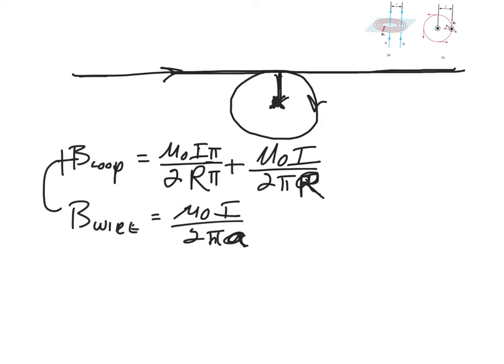I hope you know these algebra tricks. So now we have 2 pi r in the denominator, and we have mu naught I over pi r. But what's left is a 2 here, and there's a pi plus 1.